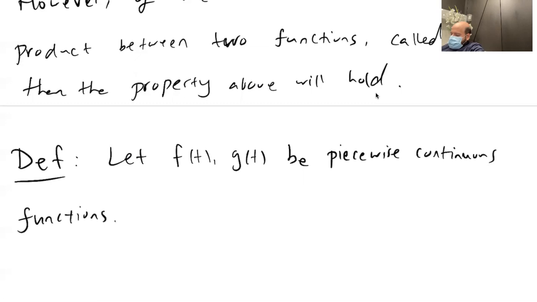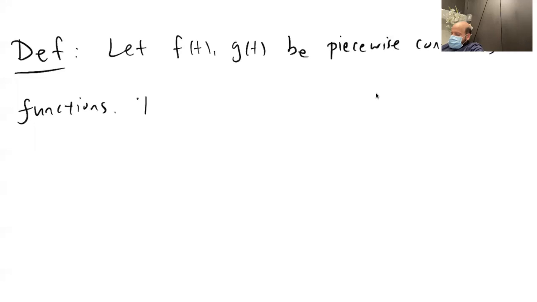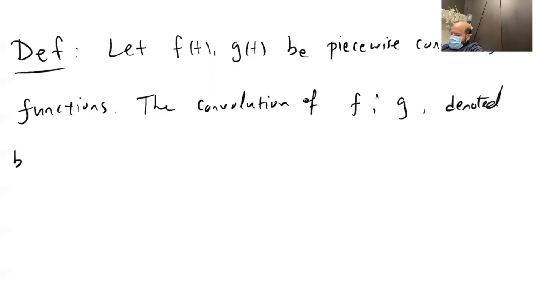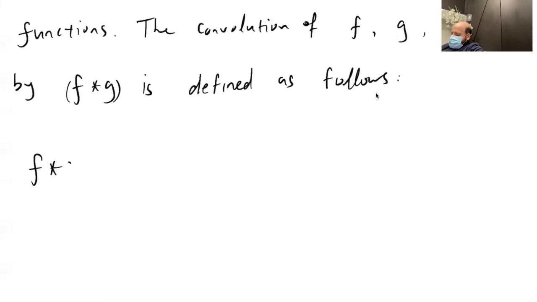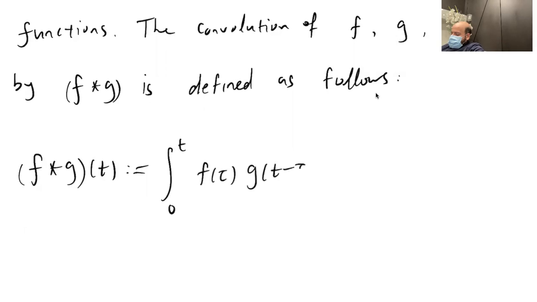The convolution of f and g, denoted by f star g, is defined as follows. f star g at t is defined as the integral from 0 to t of f of tau g of t minus tau d tau.